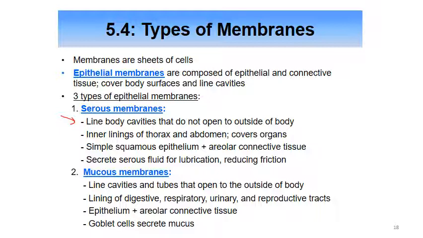And so know that the serous membranes are made up of simple squamous tissue, but also areolar tissue. Mucous membranes, they're found in our respiratory tract, but also in our digestive tract. Mucous membranes make mucus, and mucous membranes are made up of epithelium and areolar tissue. And of course, the goblet cells are in these to make mucus.